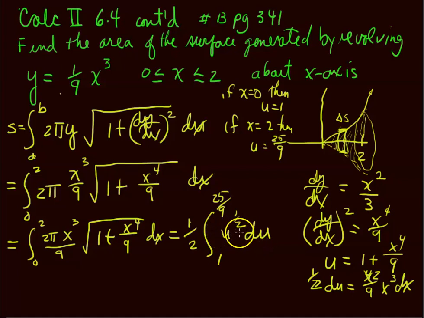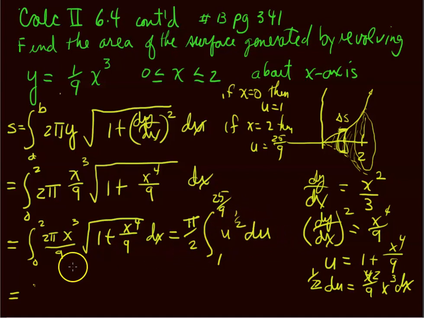Now, the antiderivative of u to the 1/2, we've done this a bunch of times. It's going to come up an awful lot. It's u to the 3/2, because you add 1, then divide by 3/2, which is really times 2/3. Oh, I also have a pi in here. So let's make sure I do this right. I've got a pi over 2 from 1 to 25/9 of u to the 1/2 du.